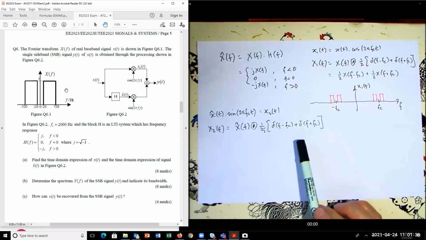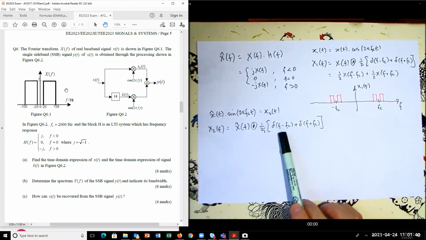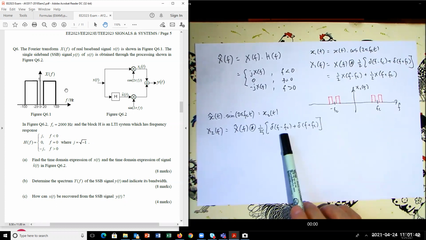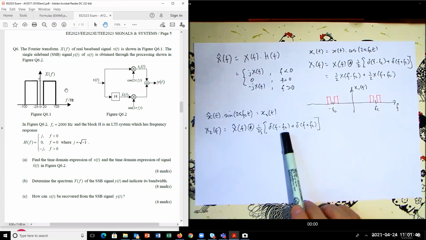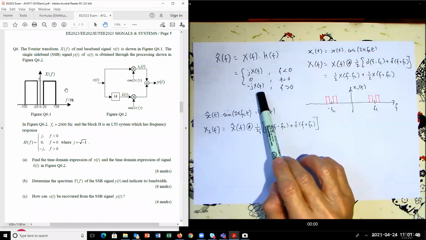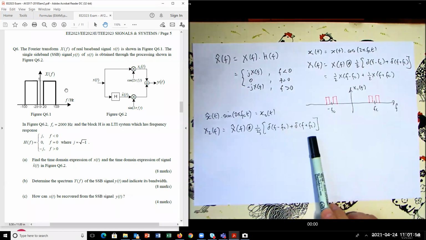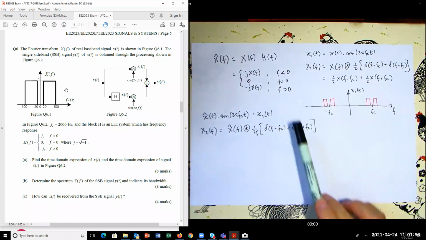For the plus part, F minus fc, you multiply by minus j. For the minus fc part, it will be multiplied by jX(f).